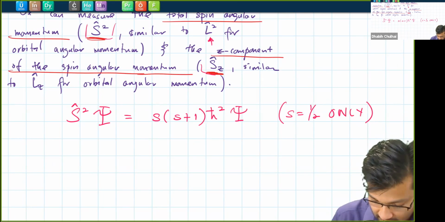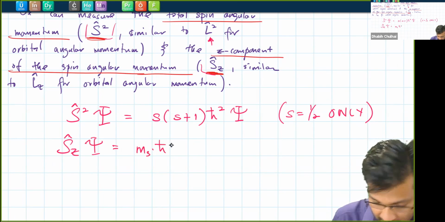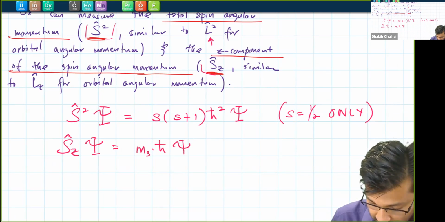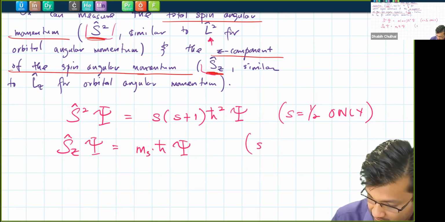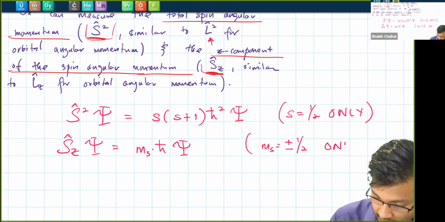When we use Sz, the z component of the spin, and we apply it to our wave function, we get back ms times h bar times the wave function. And this ms would only be plus or negative a half and nothing else.